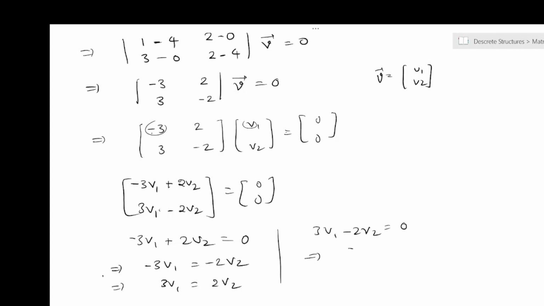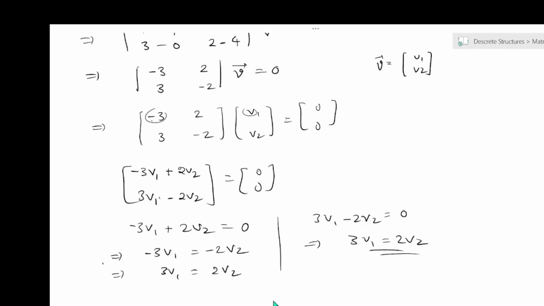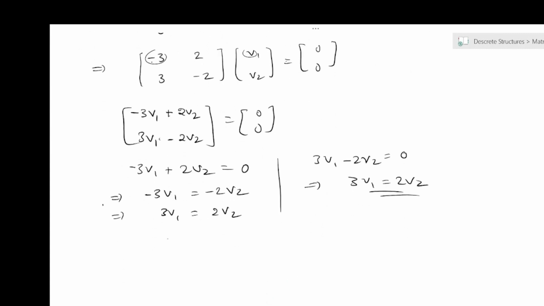This implies minus 3 v1 is equal to minus 2 v2, so 3 v1 is equal to 2 v2. This is from the first equation. And from the second equation, 3 v1 minus 2 v2 is equal to 0, which implies 3 v1 is equal to 2 v2. From both of them we have got the same value. So I can write v1 is equal to 2 and v2 is equal to 3. These values satisfy the equation. Therefore I will have vector v equal to (2, 3). So this is going to be our first vector.